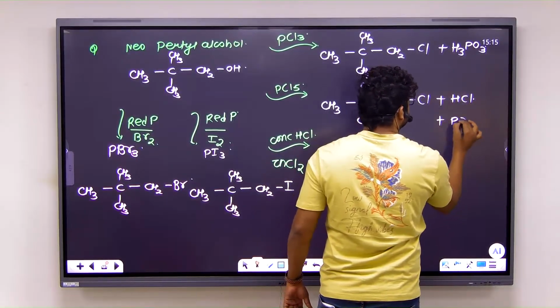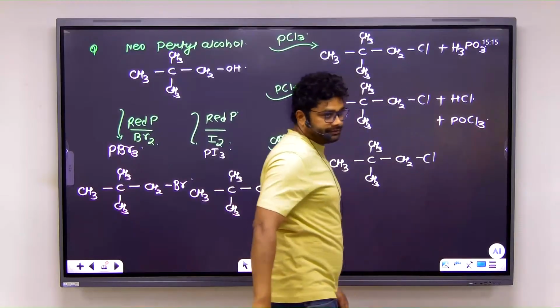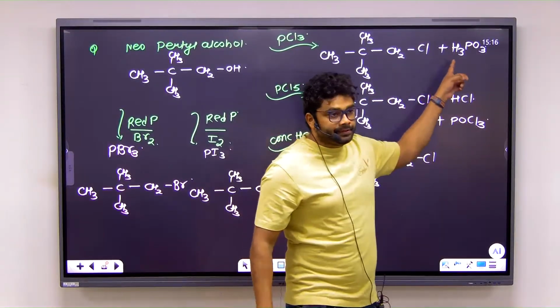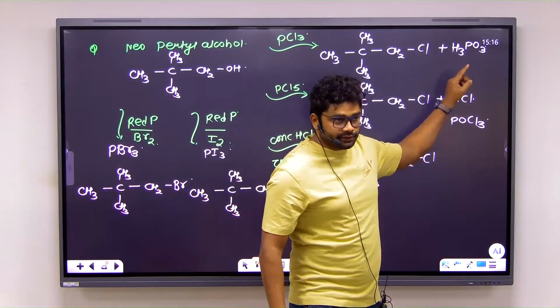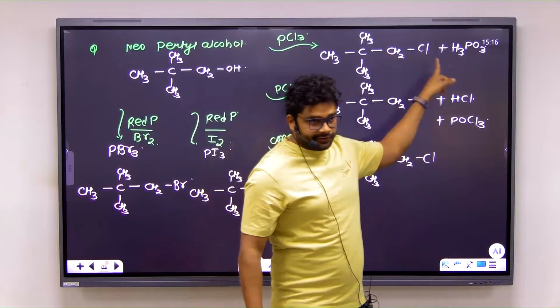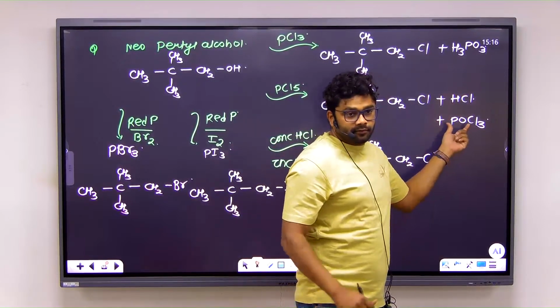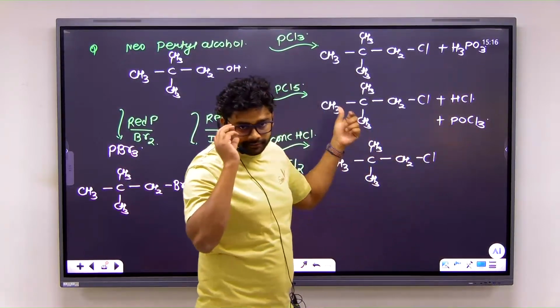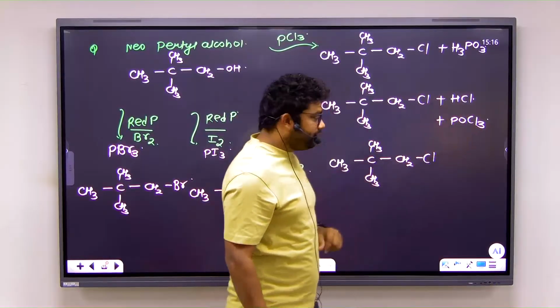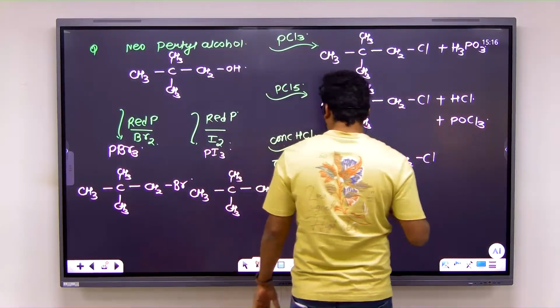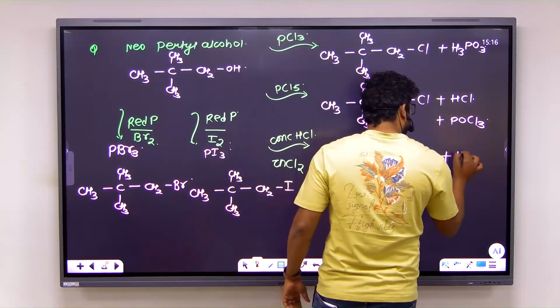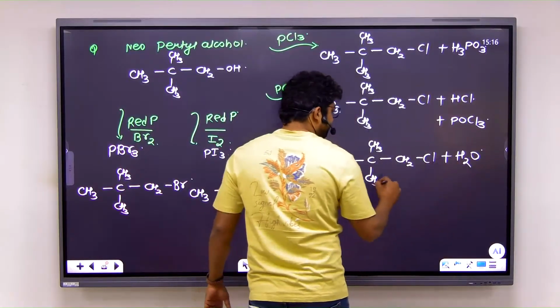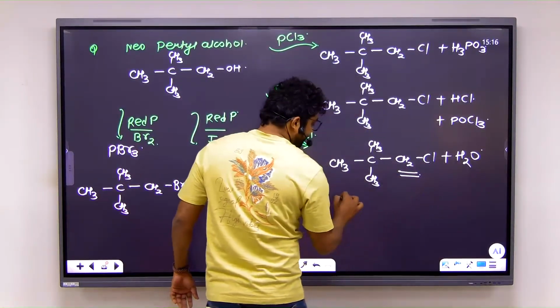HCl and POCl3. Make sure. What is its name? Phosphorus, and it's a phosphoryl chloride. Then the last example has a removal of H2O.